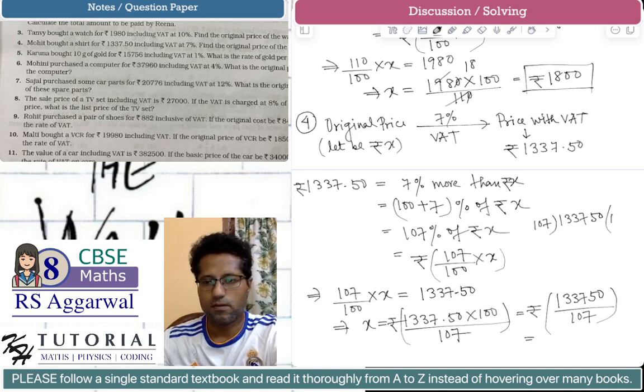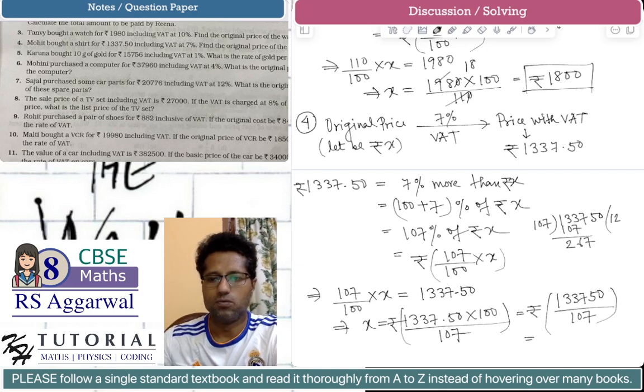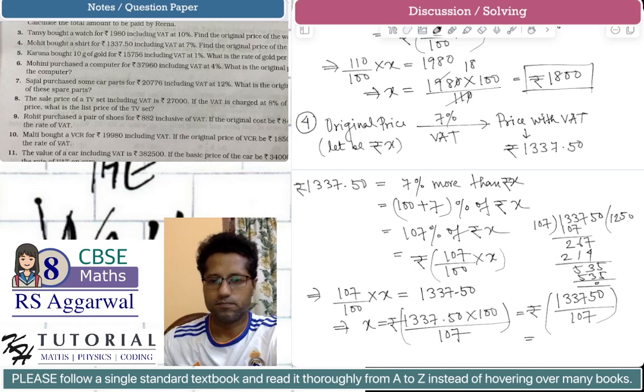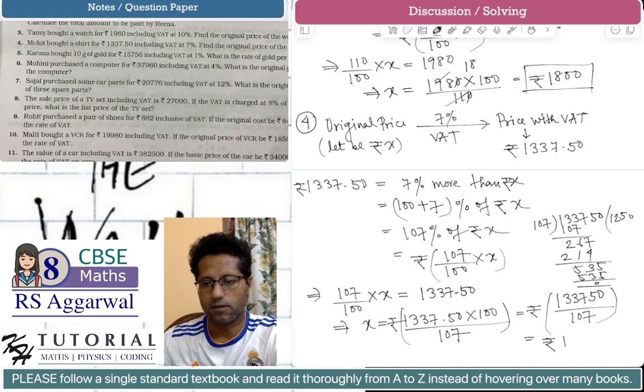So 107 times 1 is 107, then 2 and so on, down to 0, giving 1250.